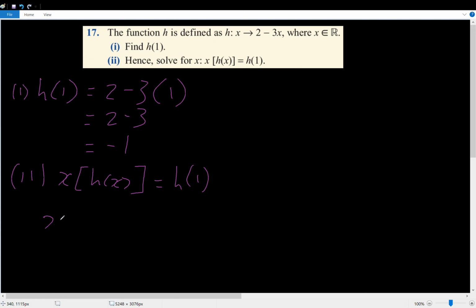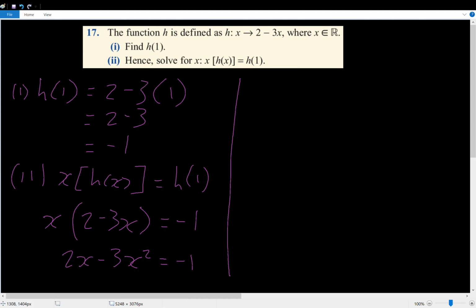On the left hand side we're going to have x multiplied by 2 minus 3x. And on the right we know what h of 1 is because we got the answer in part 1, so that's going to be minus 1. We're going to do our multiplication on the left hand side, so we get 2x minus 3x squared is equal to minus 1.